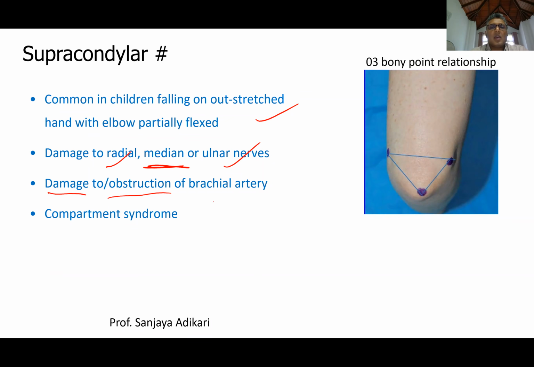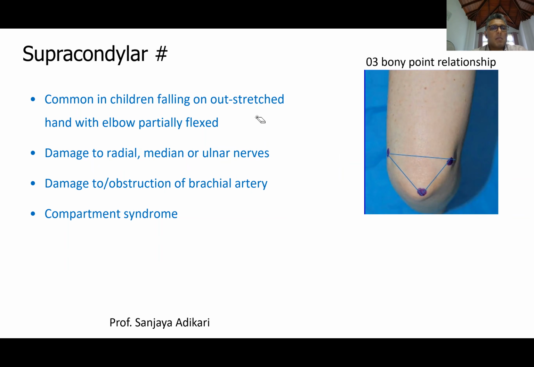If you have damaged the wall of the brachial artery, you can get formation of thrombi there, and embolization of that will block the distal parts of the artery. Depending on the size of the block, you can block the whole artery or the radial, ulnar, or the common interosseous arteries.